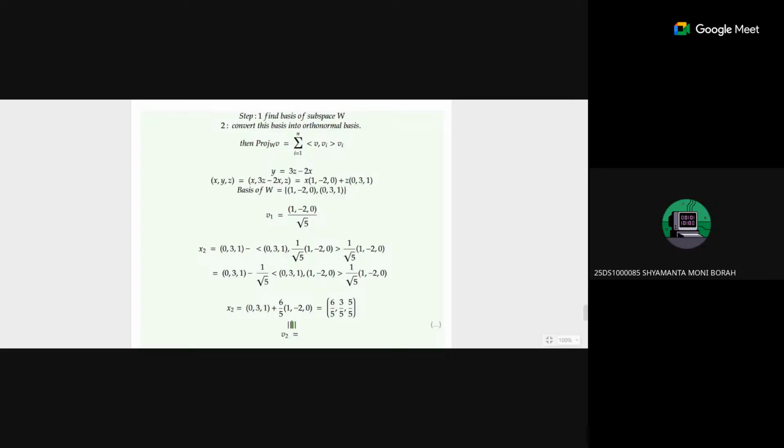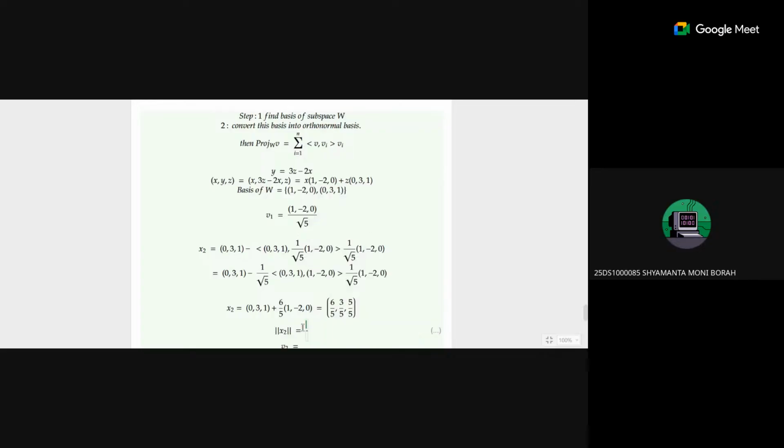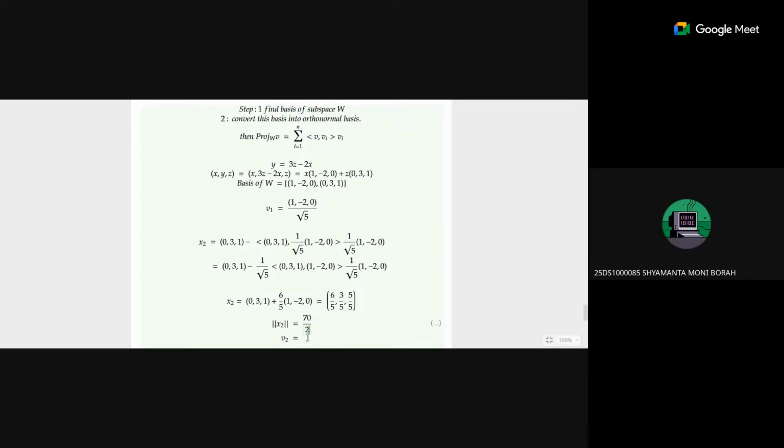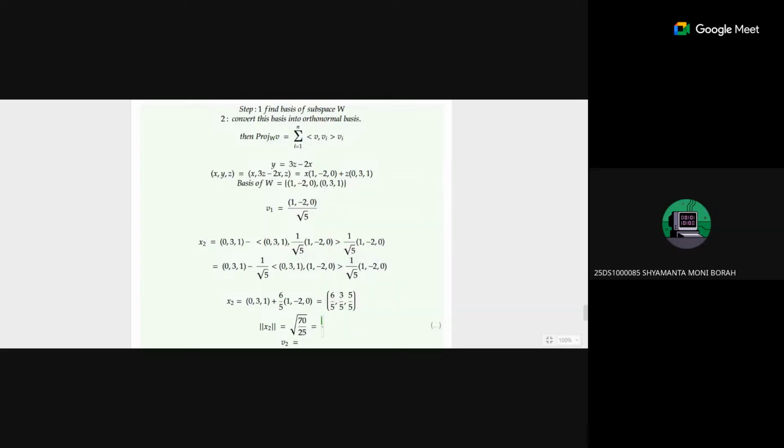Root over 70 by 5, since the square root of 25 is 5. So this value is root 70 by 5, and we can write it like this, 14 by 5.